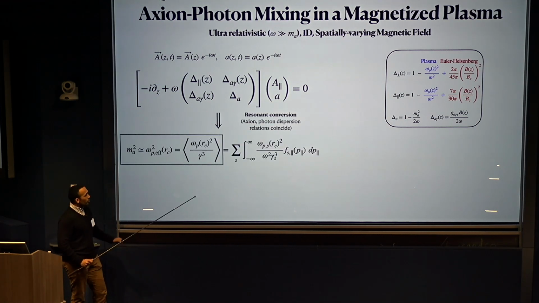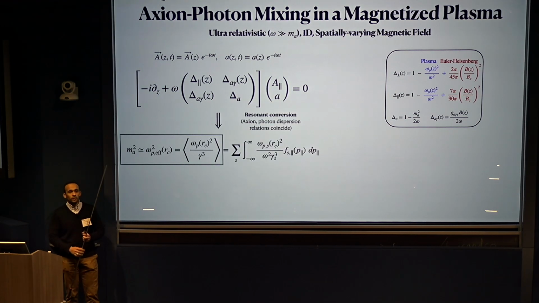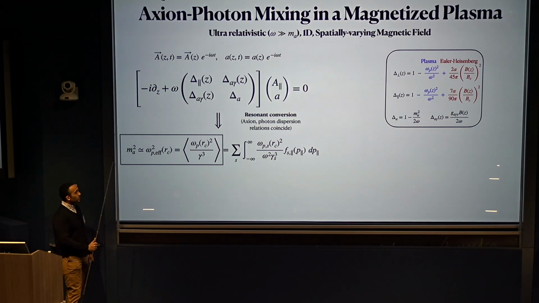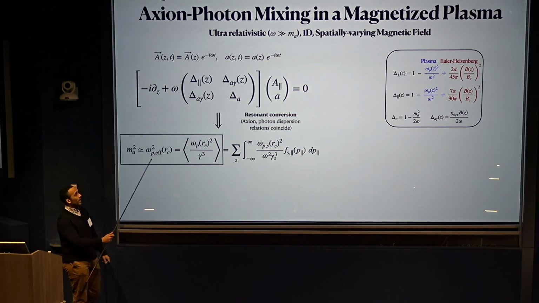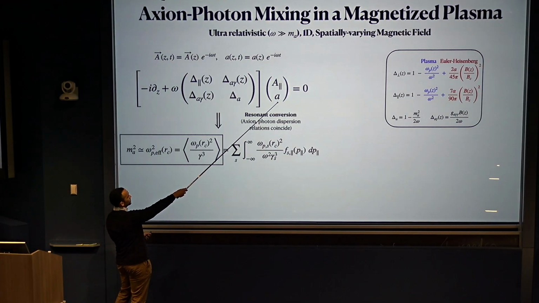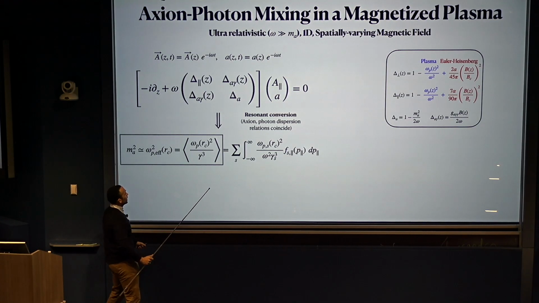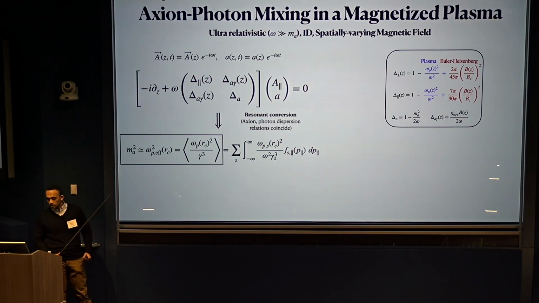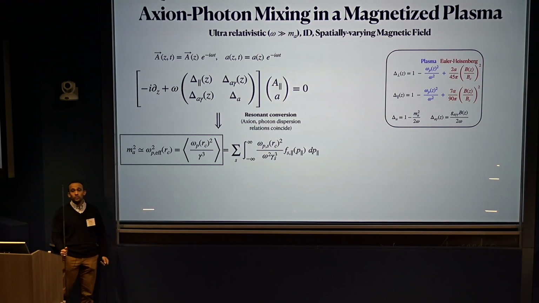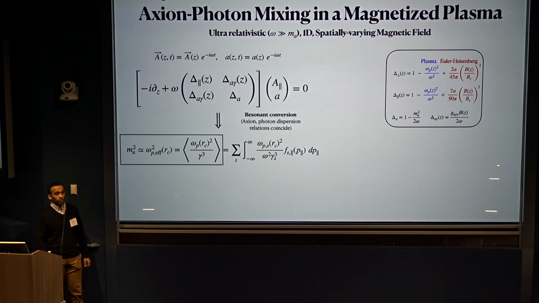And what we understand from this is that as we get resonant excitations, we also have resonant conversion between axions and photons. The photon here is A parallel, the axion is lowercase a. And I don't want you to focus too much on the details of this equation, but what I want to show is that this resonance occurs when the axion mass coincides with the local plasma frequency.